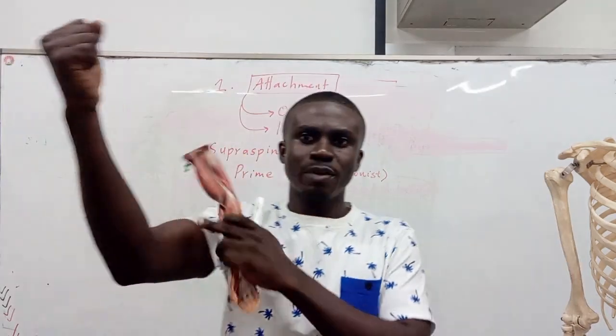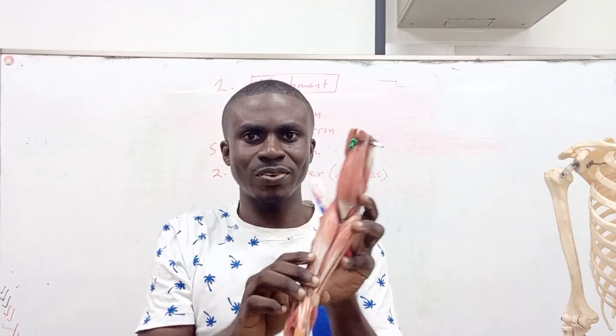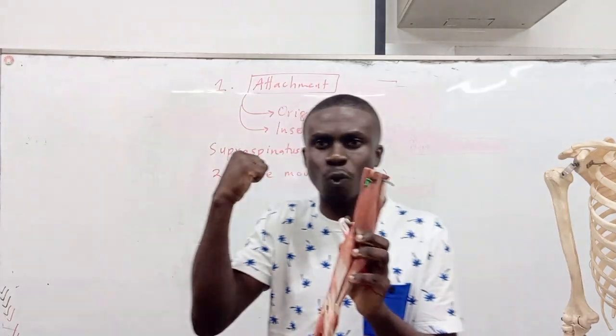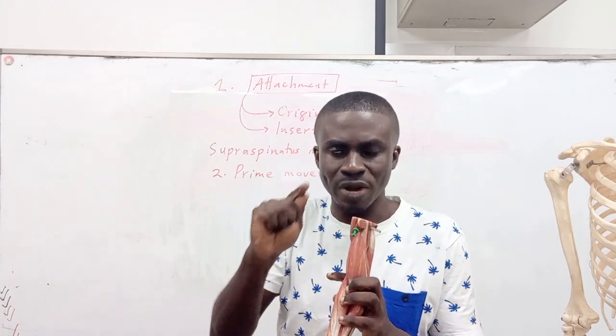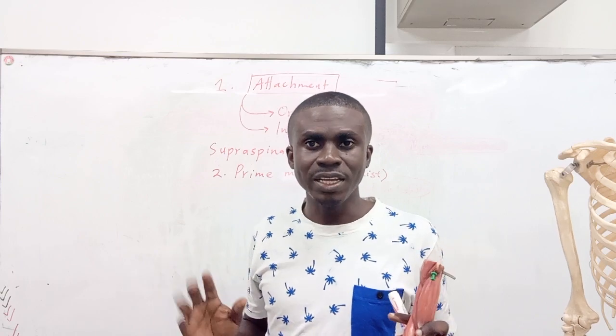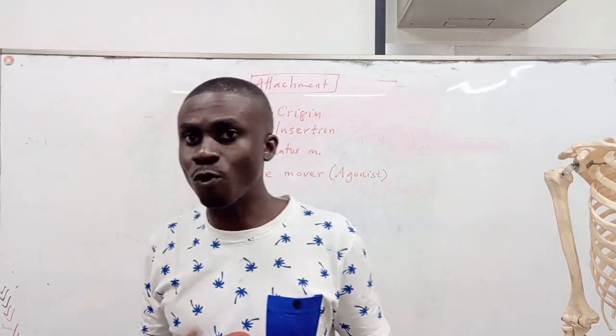Everyone knows this muscle by way of the biceps brachii muscle. The biceps brachii muscle is the prime mover as far as causing flexion at the elbow joint is concerned. That's the prime mover. Now, this prime mover is the one we are also calling agonist.